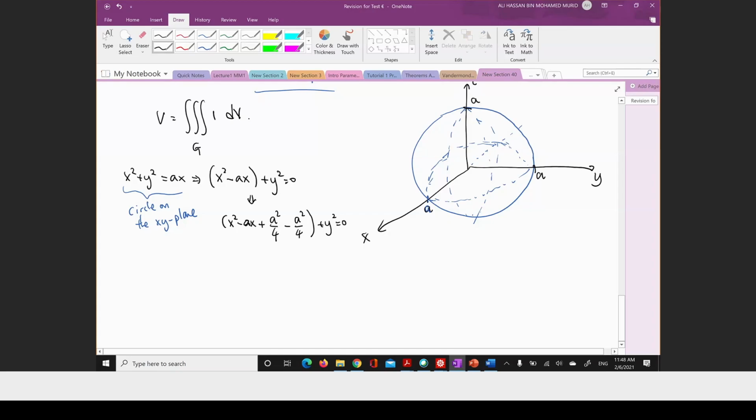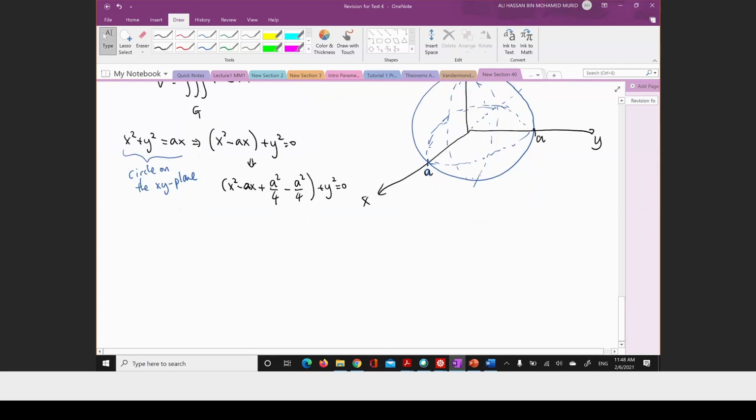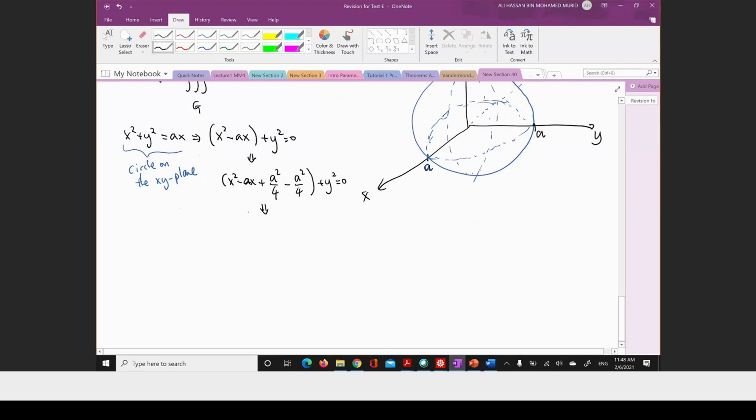So the coefficient of x is minus a. We divide that by 2 to get minus a over 2, and then we square the result. So that gives a squared over 4. So when you add a squared over 4, you need to take away also a squared over 4. In this way, you will get x minus a over 2 squared plus y squared equal to a squared over 4.